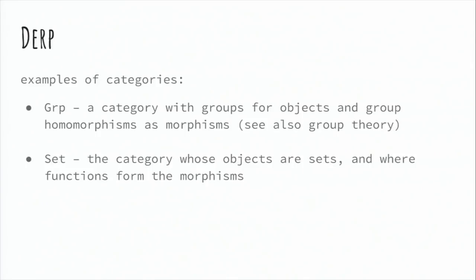Group, which is a category with groups for objects and group homomorphisms. I heard of group theory somewhere in college, something to do with symmetries, but I don't really get it. But there's another category called Set. This is the category whose objects are sets.